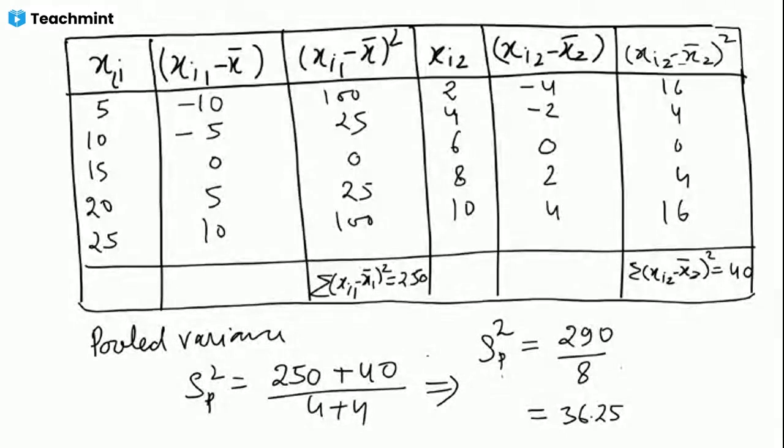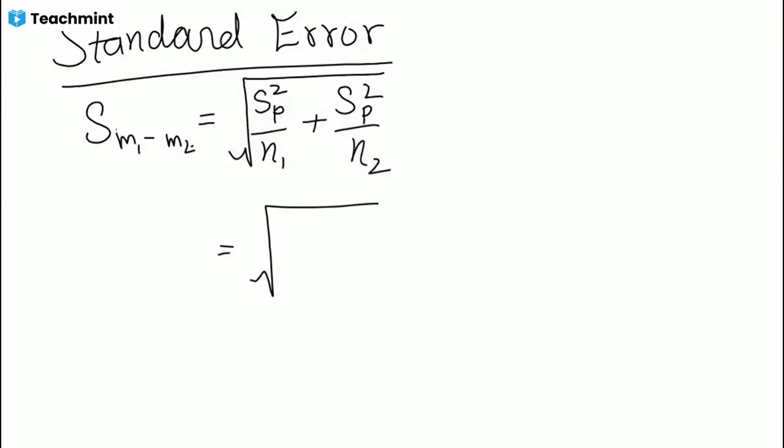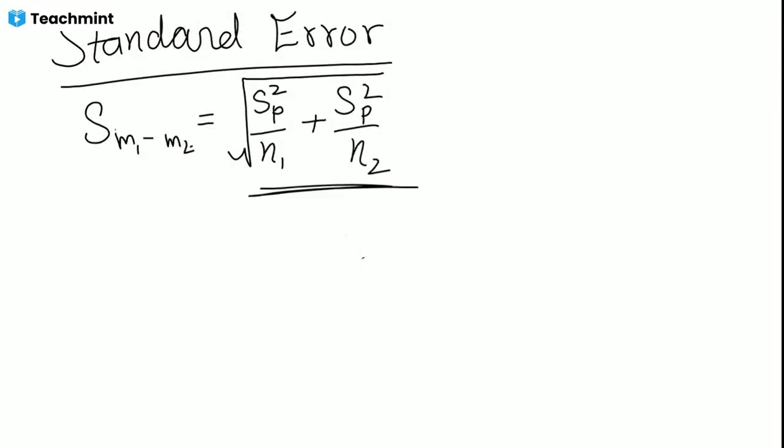So first we need to find Sp squared, then we can find the standard error using this formula. Or simply you can do this also. Oh no, my mistake. I considered that we could combine them, but the denominators are different, so we can't combine them.